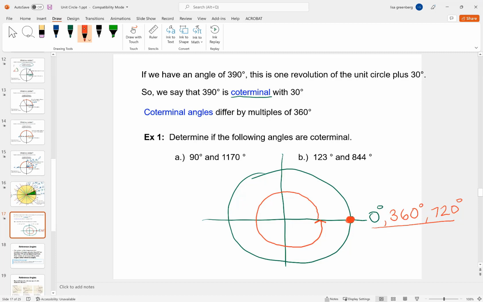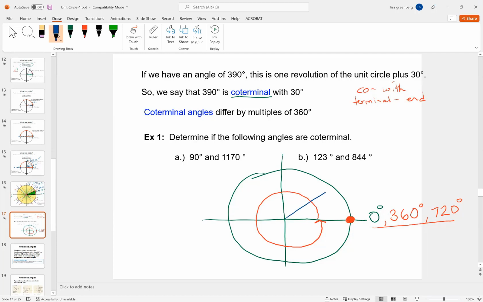Those are called coterminal angles. So co kind of means with, so they're all together, right? And terminal means end, so they all have the same ending spot. And that's true for this. They all have the same ending spot.